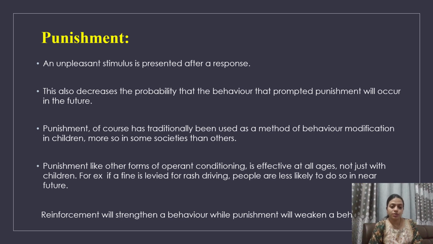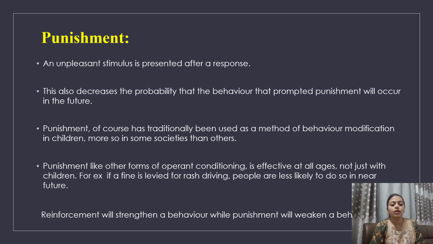Then comes punishment. So an unpleasant stimulus is presented after a response. This decreases the probability that the same behavior will be prompted in the future. So punishment, of course, traditionally has been used as a method of behavior modification, and punishment, like other forms of operant conditioning, is effective at all ages, not just with children.